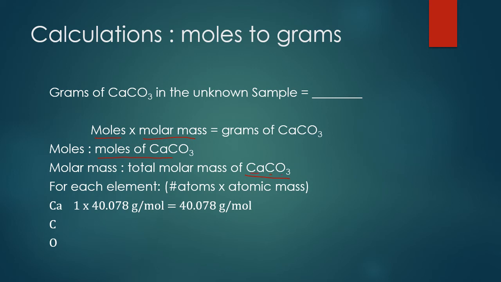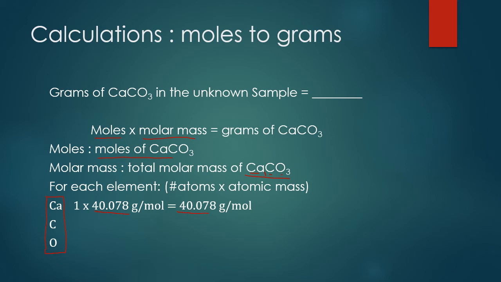So I wrote a list of calcium, carbon, and oxygen. Next, you need to write the number of atoms of each. There's just 1 calcium atom because there is no subscript, so we assume it's just 1. I multiplied that by the atomic mass from the periodic table. So I did the first one for you. What you're going to do is complete this.